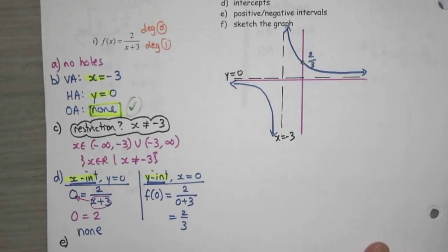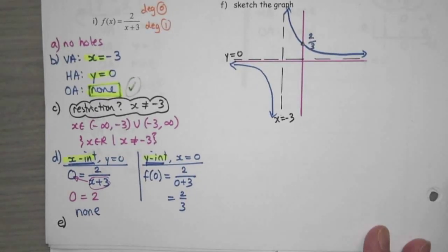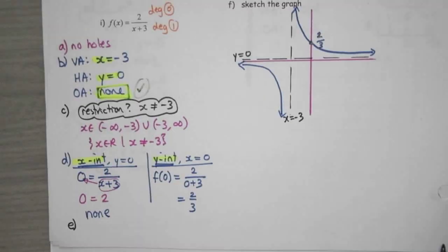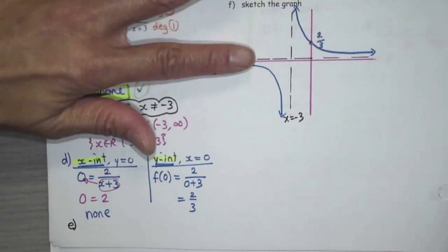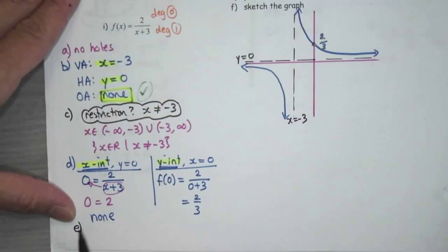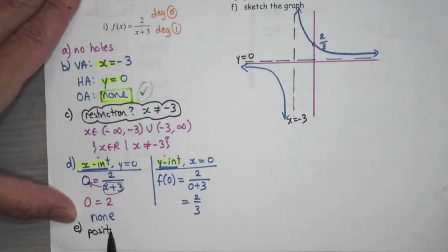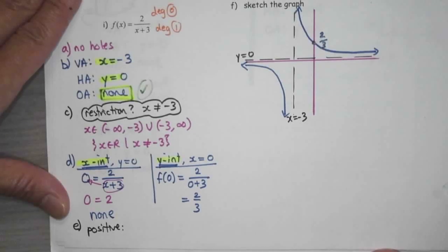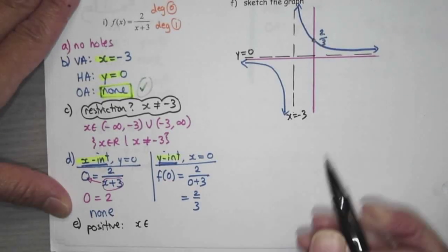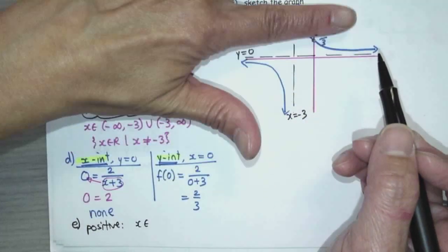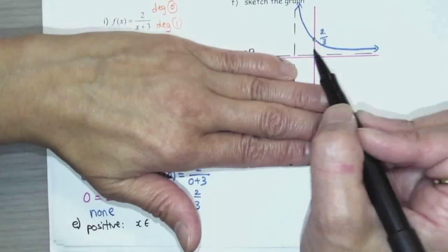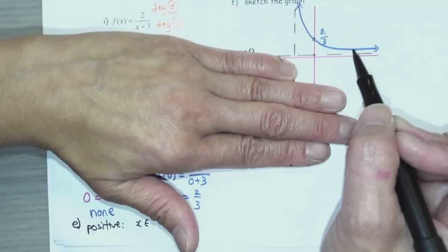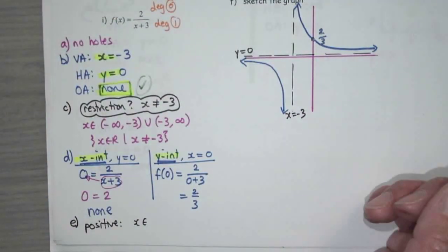So where is it going to be positive versus negative? Positive means above the x-axis, right? And negative means below. So it's positive all the way on this side, to the right of -3. Does that make sense? Remember, I'm always asking you the y value.